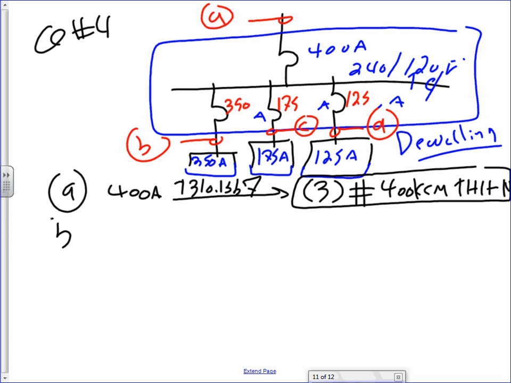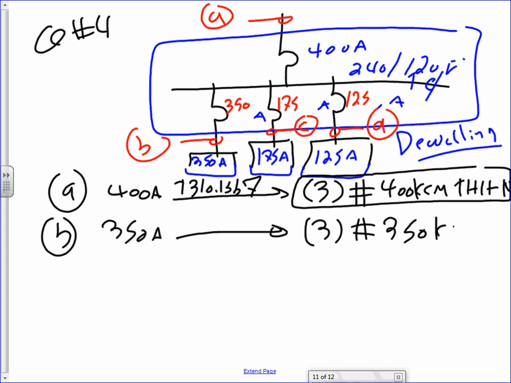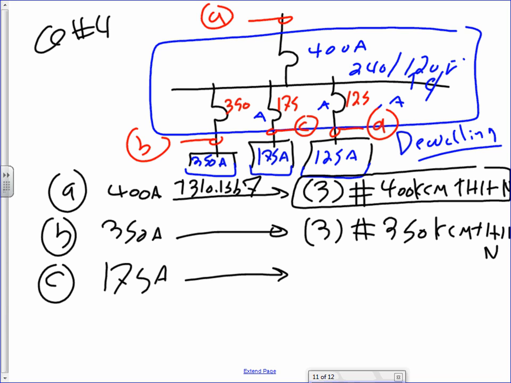A. B. For B, guys, 350 amp, same table. I'm not going to write the same table. So 3 conductors, each conductor is 350 kcmil THHN. And C is 175 amp, same table.